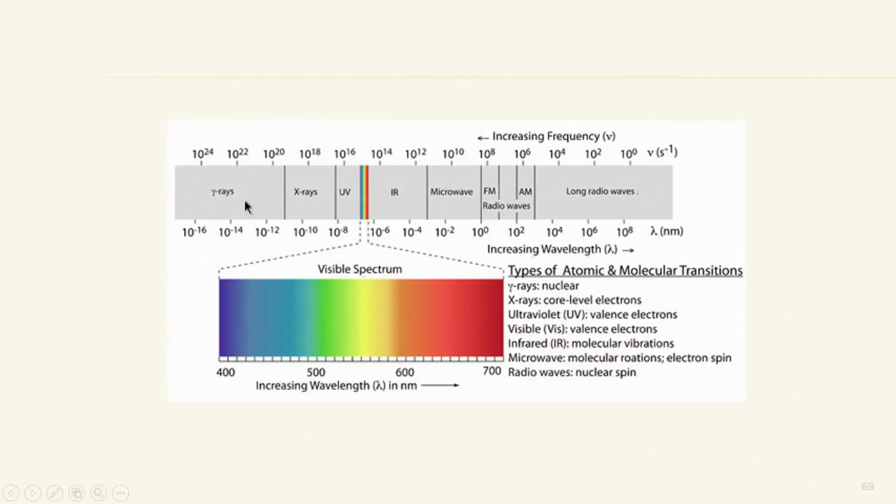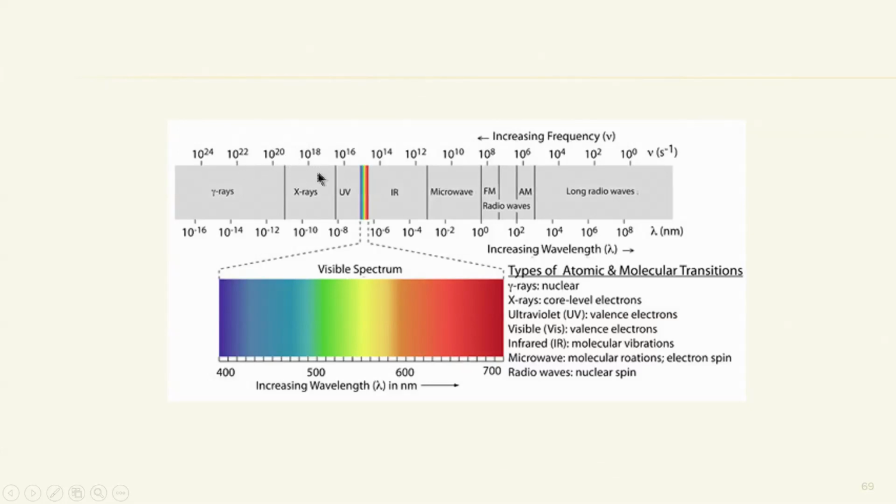Here on the top I have listed the frequencies. Gamma rays are highly energetic electromagnetic radiations. Slightly more than that will also be there in the cosmic rays, but I am not showing you that. Our experience is that the frequency of most gamma rays ranges from 10 raised to 24 to 10 raised to 19 or something like that.